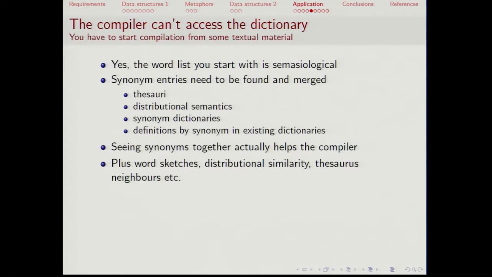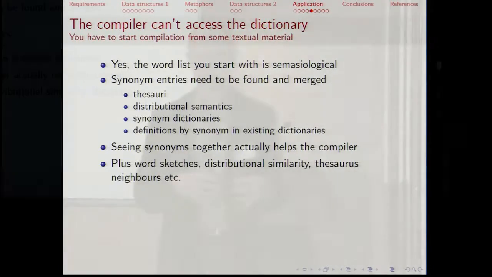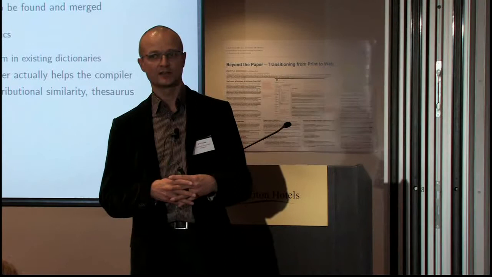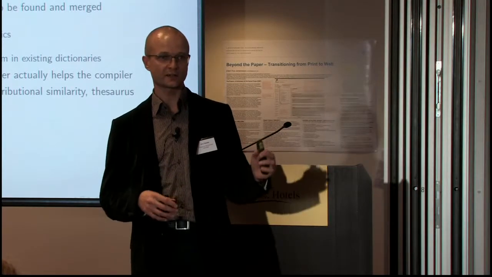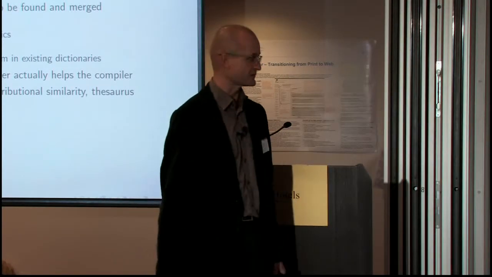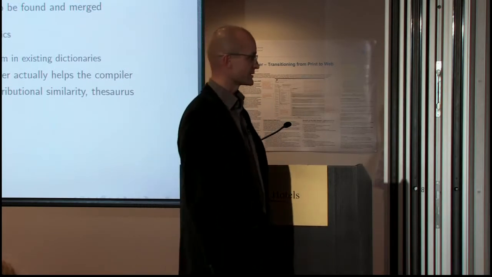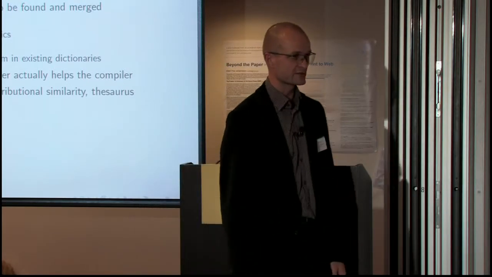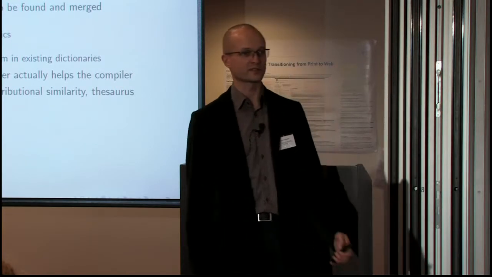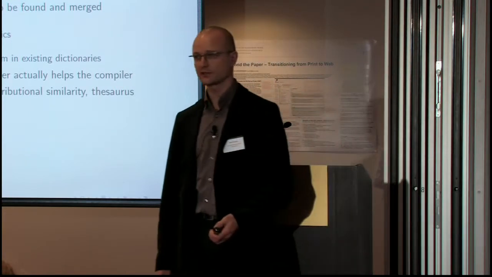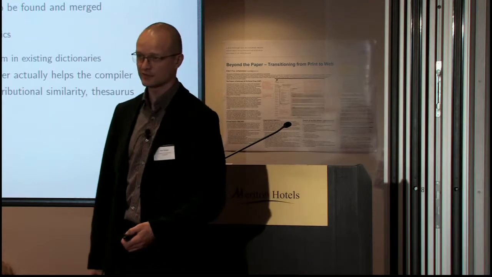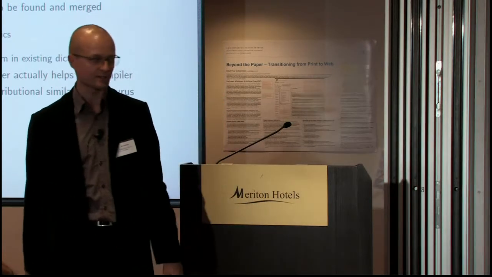What we need to do instead is take this word list or take an existing word-based dictionary and start merging synonym entries. If we find 2 full synonyms, then put them together into one concept entry. And how do we find them? We could use a thesaurus, which says that they are synonyms. We could use a synonym dictionary if we have one available, which says that these 2 are synonyms, or at least candidate synonyms.